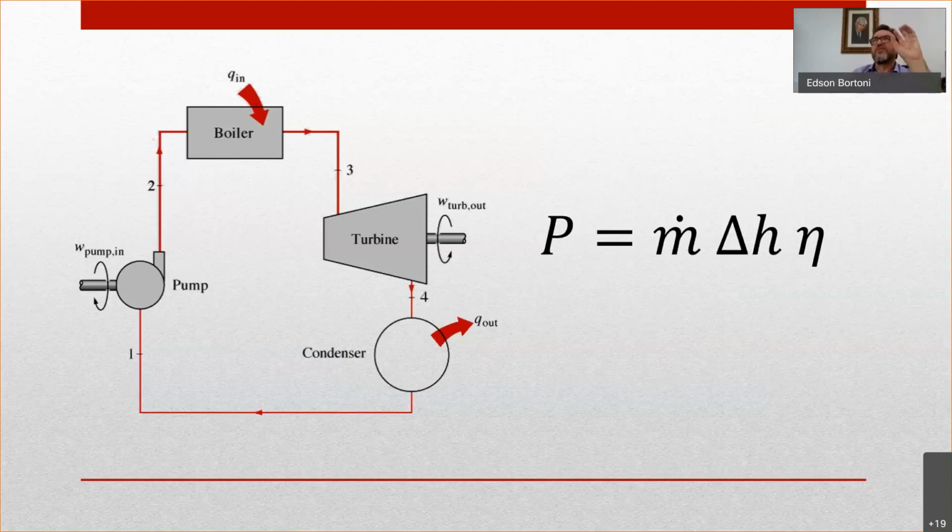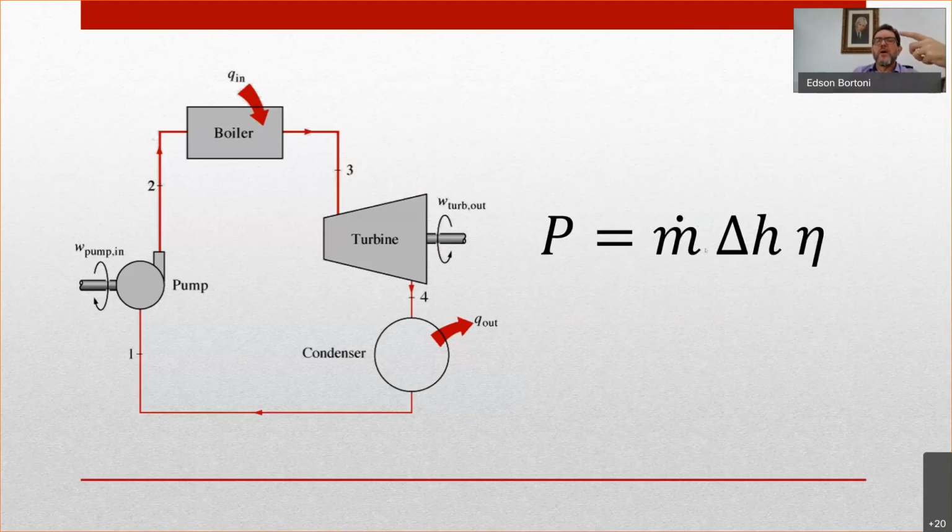So you have a volume over time, the volumetric flow. But here we are talking about mass flow. You may say kilograms per second, or you can say tons per hour.